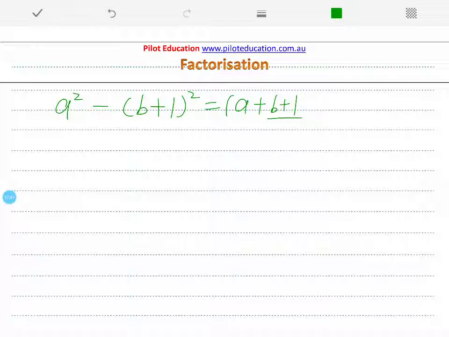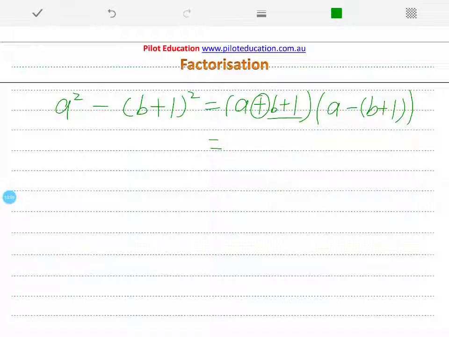For b plus 1, usually you have to put a bracket, but you don't have to in this case, because the sign before b plus 1 is plus. You can expand the bracket directly. Then times a, take away, you do need a bracket here, b plus 1, then close the bracket.